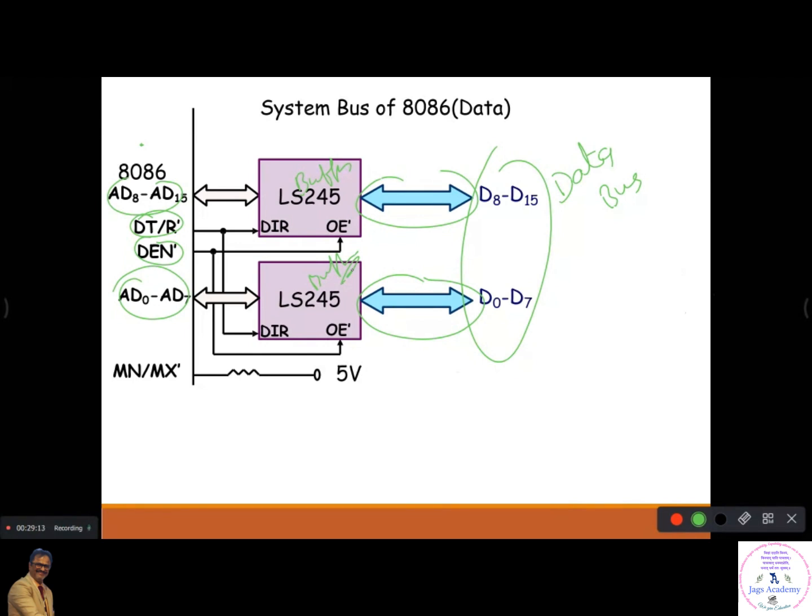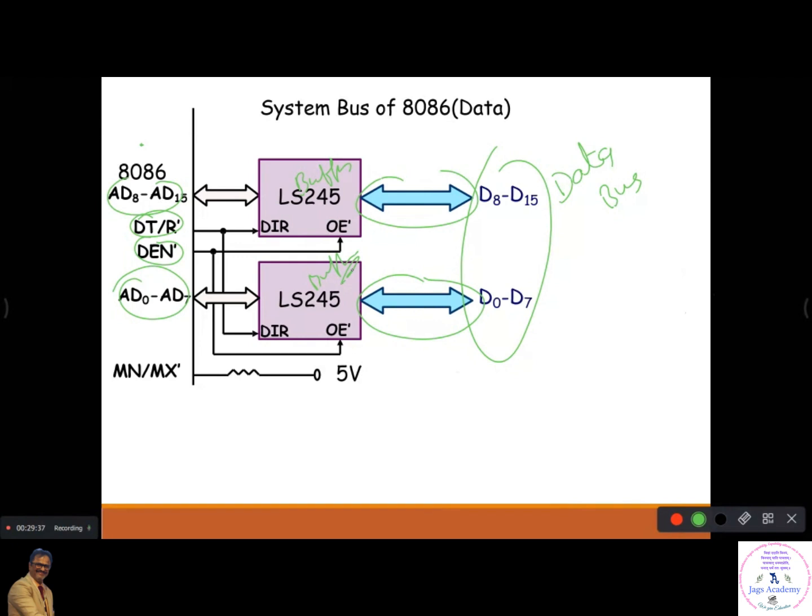Whenever the microprocessor generates an address, the moment you start executing instructions in the microprocessor, the first thing it does is generate an address. It puts it on its own address data bus here, right?